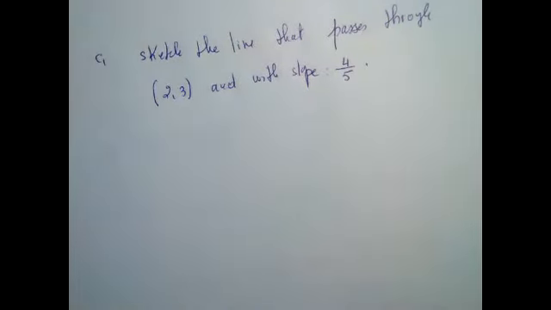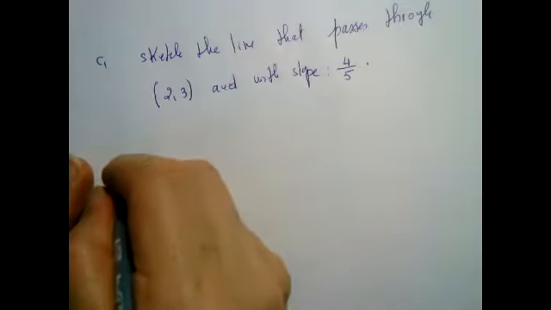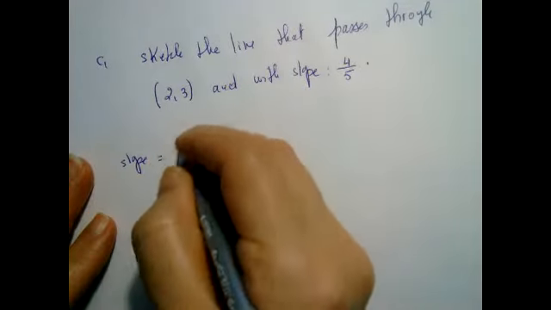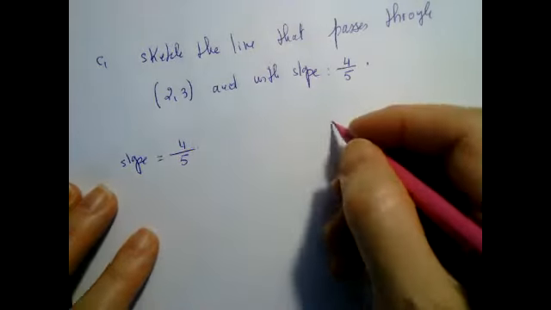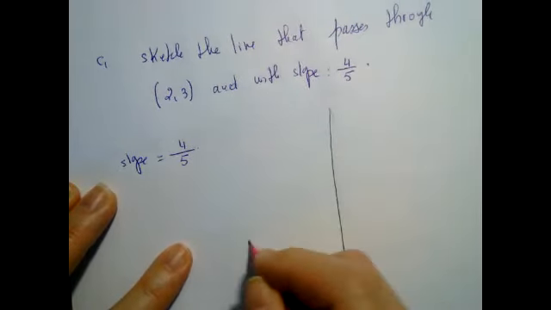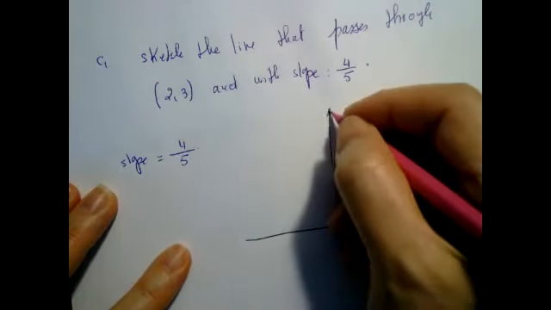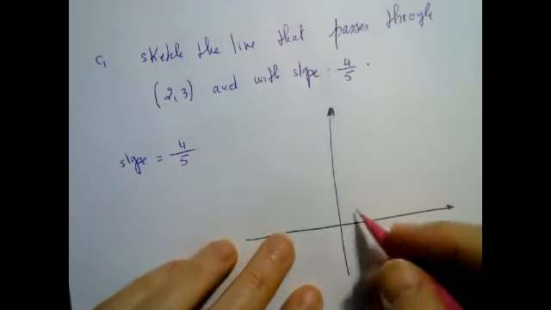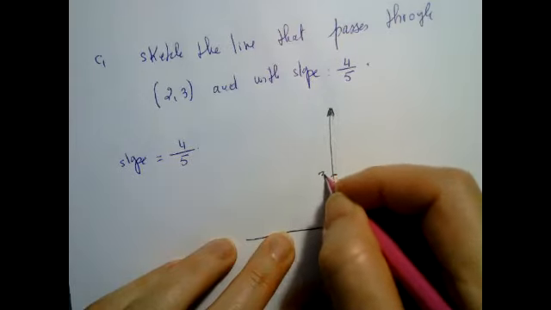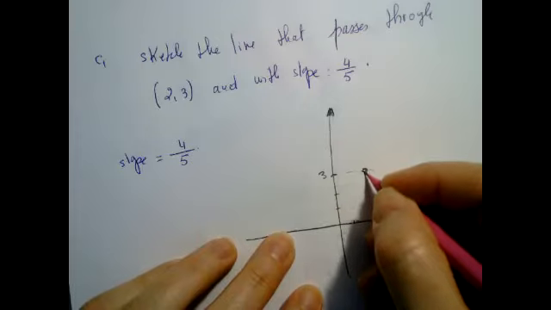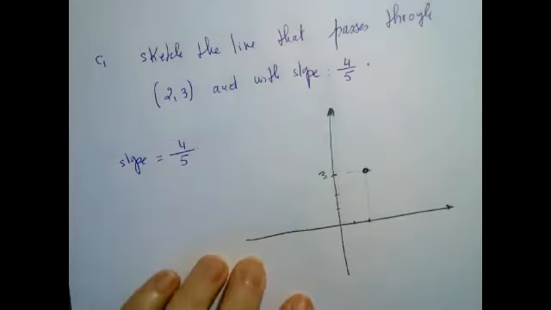So I want the slope to be 4/5. So 2, 3. 1, 2, 3. That's the point. Okay, I want the slope to be 4/5. Who would like to pitch in?